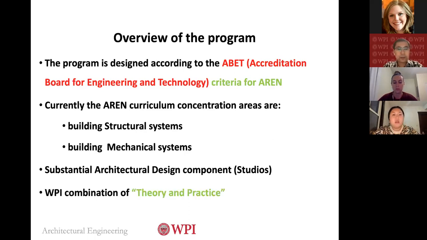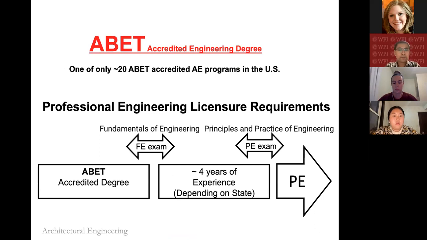One of the strengths of WPI is to integrate theory and practice, and the curriculum of this program also follows this philosophy. Architectural engineering is an ABET program, and at WPI, this is the only one in New England and one of the 20 ABET architectural engineering programs in the United States.